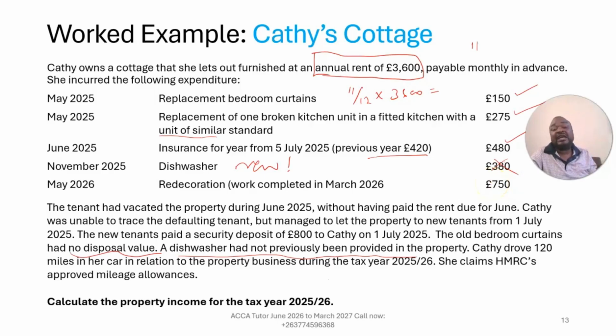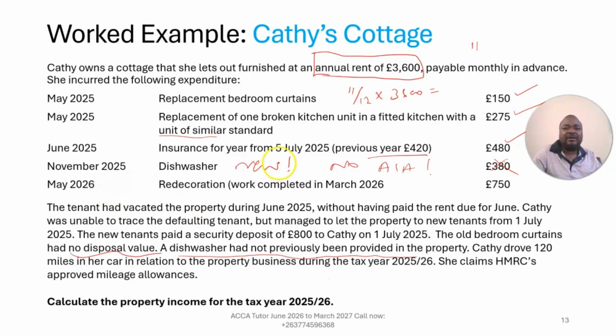And we are not going to claim any capital allowance, because these are residential items. They are used in a residential property. So no AIA on them. There's no annual investment allowance applicable there.